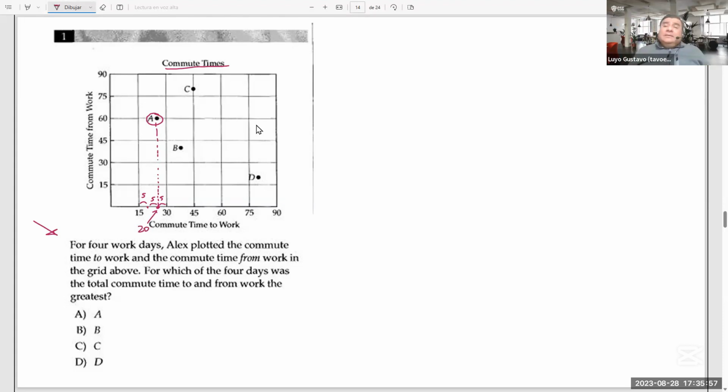What would be the commute time from work? Well, this sits exactly on the position corresponding to 60 minutes. So the total commute time for A would be approximately 20 plus 60, that equals 80. So you got it, right? That's how the total commute time can be calculated for each of the days.